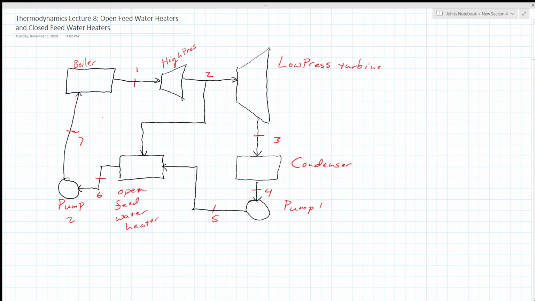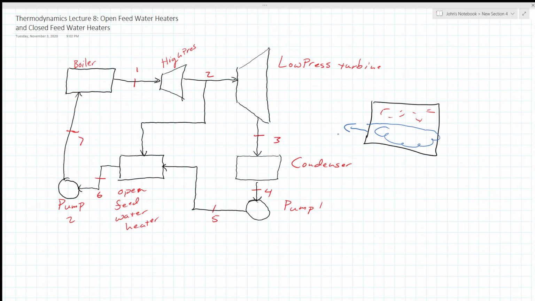Inside the open feed water heater, I have this steam entering from this area and this water entering down here. The steam and water mix, cooling the steam and forming more water. So everything leaves the open feed water heater as liquid water.